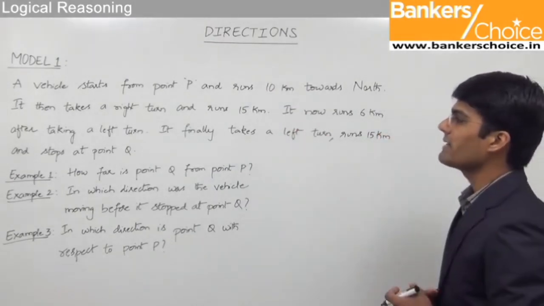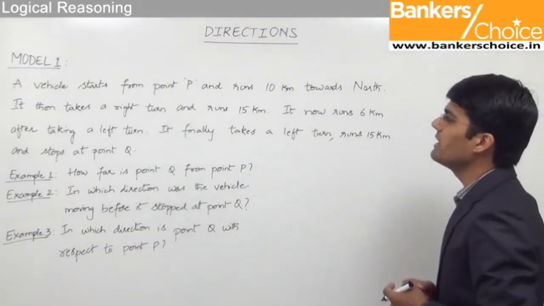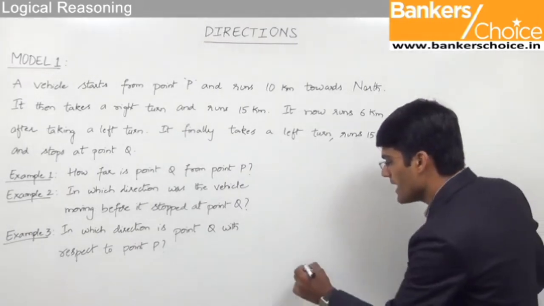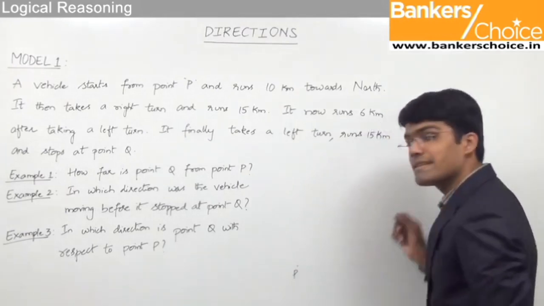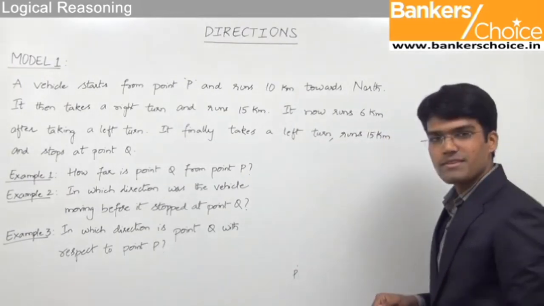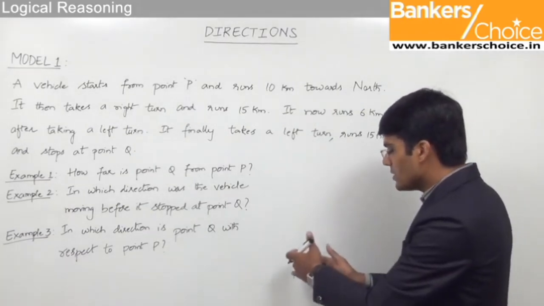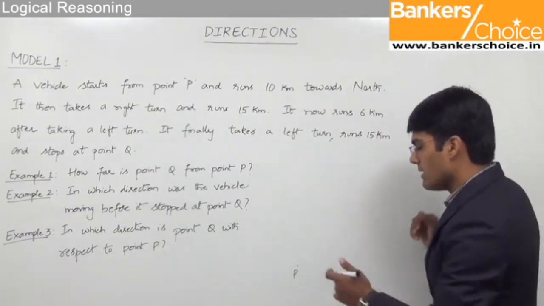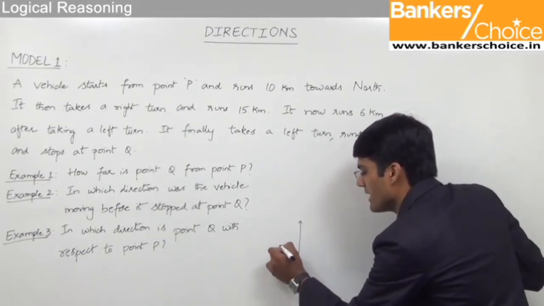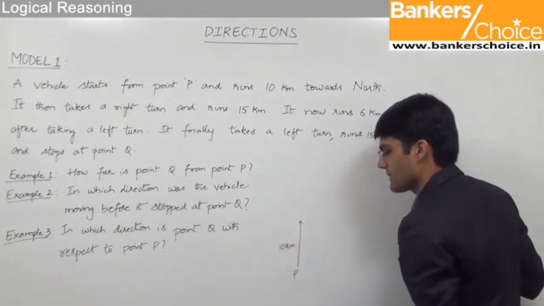The first point here is, a vehicle starts from point P and runs 10 kilometers towards north. So let us assume that this is point P, that is the starting point of the vehicle, and it has moved 10 kilometers towards north. We very well know that north should be on top here. So the vehicle moves in this direction, and it covers a distance of 10 kilometers.